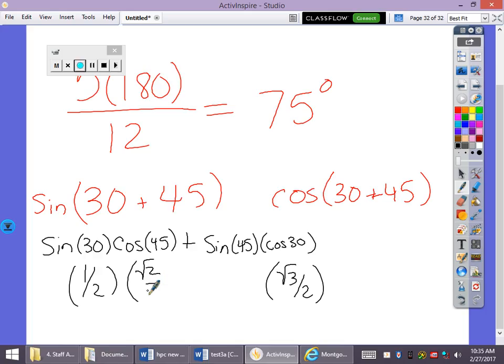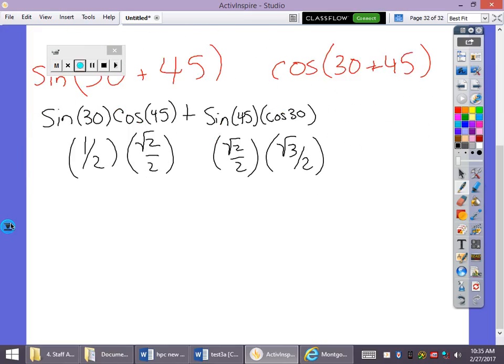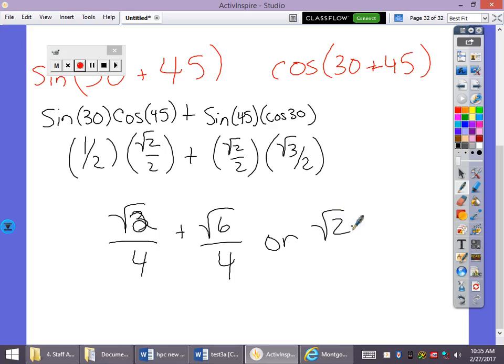So the square root of 2 over 2, square root of 2 over 2. When I multiply, I get the square root of 2 over 4 plus the square root of 6 over 4. You can leave it like this, or you can write it as square root of 2 plus square root of 6 over 4. Okay? Double check your work.